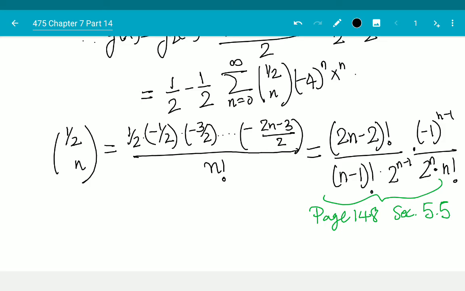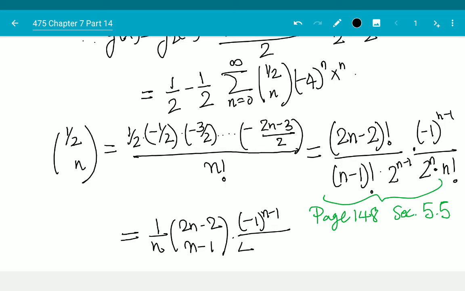So I'm not going to go through the complete details of this, right? So it is exactly this, and hence this is 1 over n, (2n minus 2) choose (n minus 1), times negative 1 to the n minus 1 over 4 to the n times 1/2.